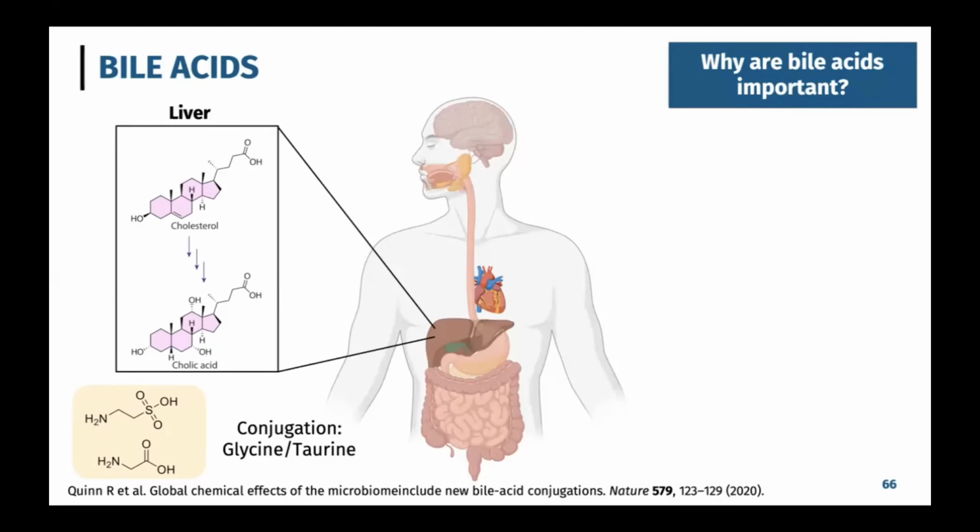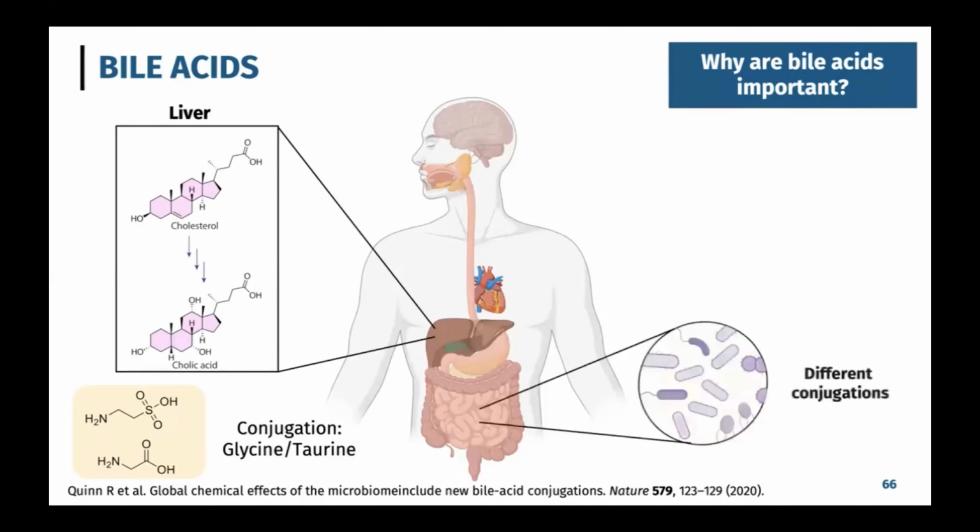But as soon as you eat, the gallbladder empties into the duodenum, down the digestive tract, the jejunum, the ileum, all the way to the lower digestive tract. When it enters the digestive tract, microbes start to act on it. They start to remove these conjugations, but they also change the decorations, the hydroxylation states, on these bile acid cores.